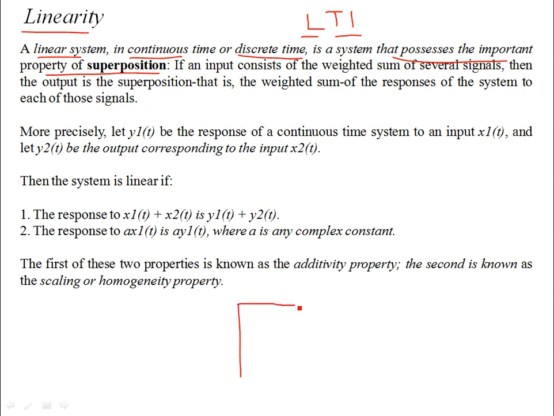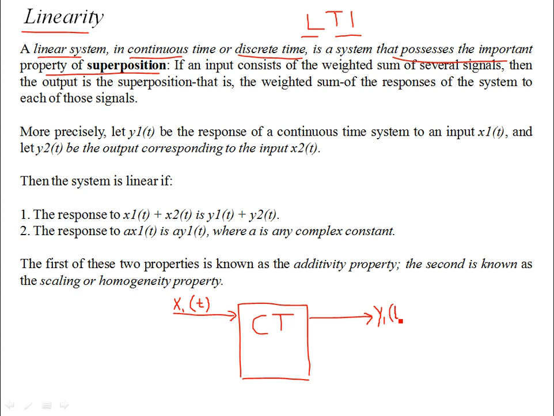Suppose you have a continuous or a discrete time system, it doesn't matter. The way you qualify the system as linear by checking it for superposition is the same. So let's assume that you have a certain input, x1 of t, which is applied to the system, and in response to x1(t) we have an output, let's call this y1(t).